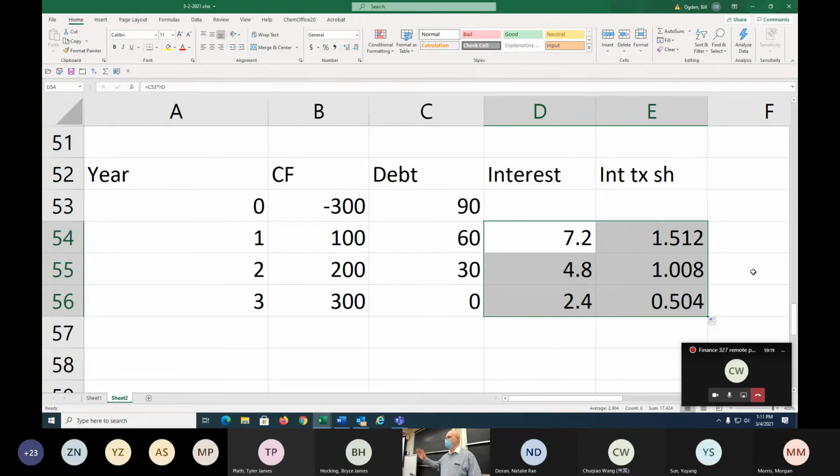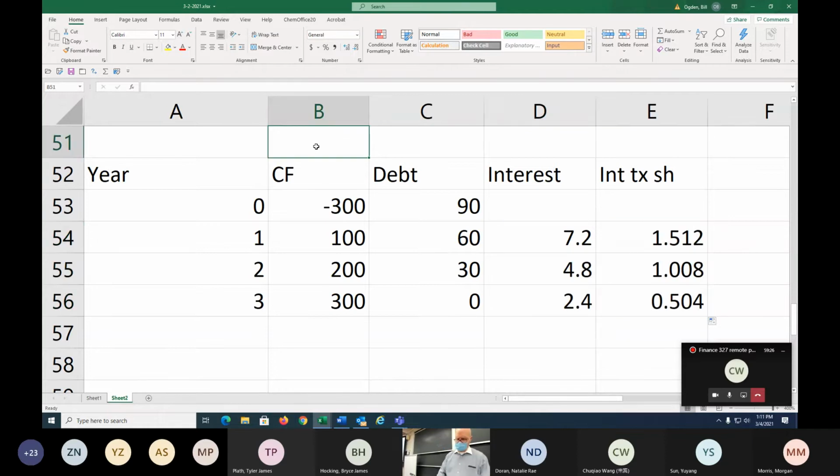The other 2 don't work unless you constantly rebalance. So if you want to make a note on this one, APV only. Other methods don't work. We don't meet the assumptions of those other methods.